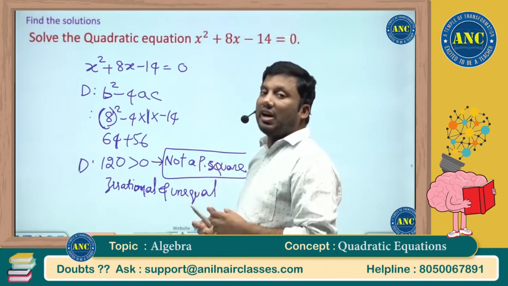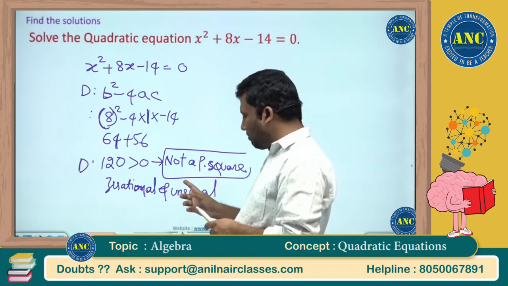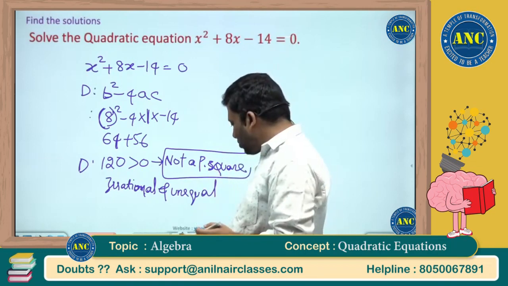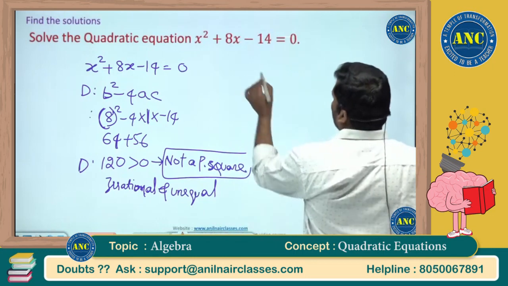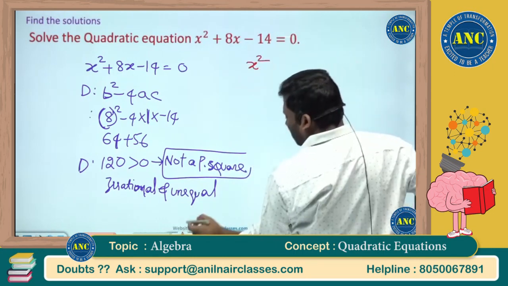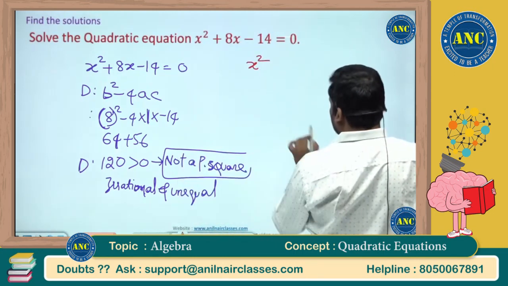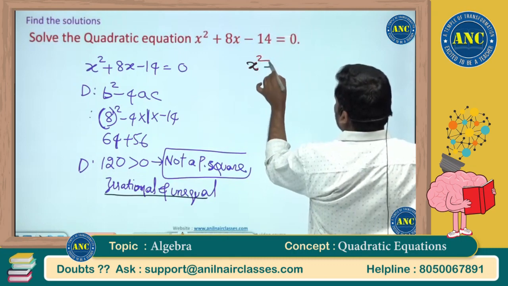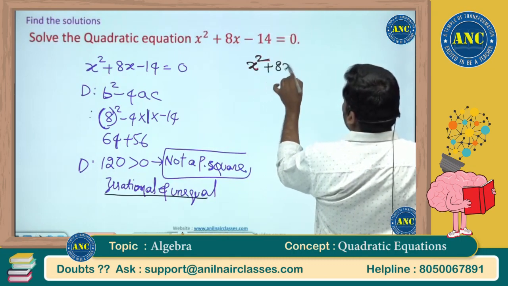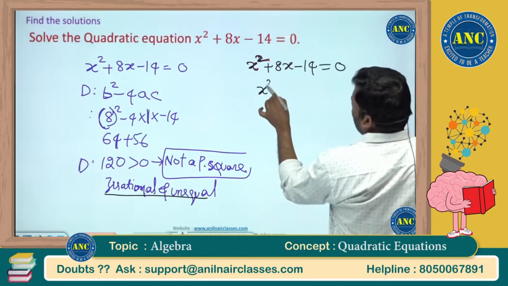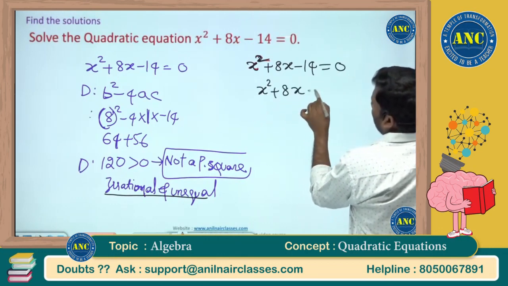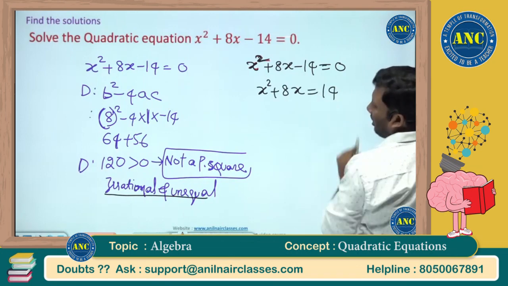If D is greater than 0 and not a perfect square, then the roots will be irrational and unequal. Example: x square plus 8x minus 14 equivalent to 0. So this can be written as x square plus 8x equivalent to 14.